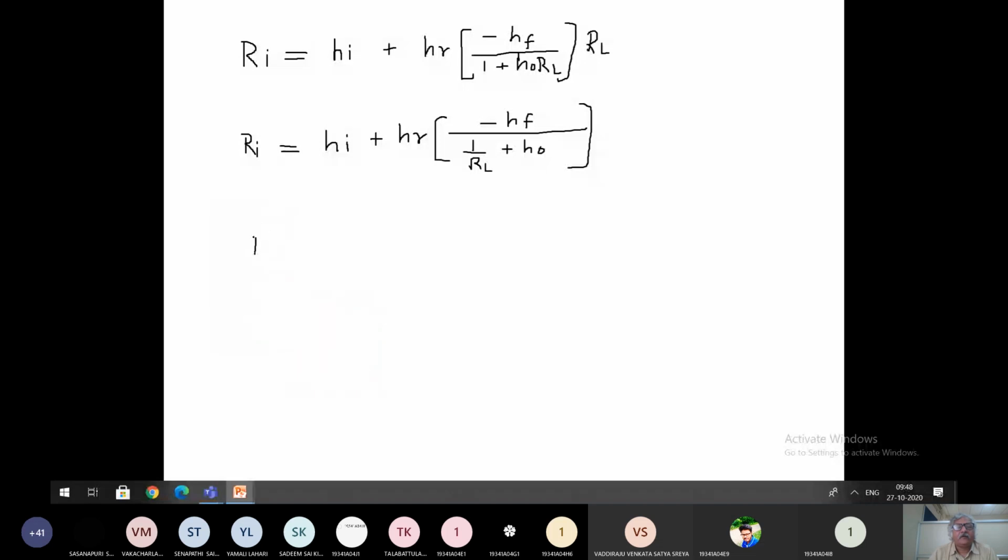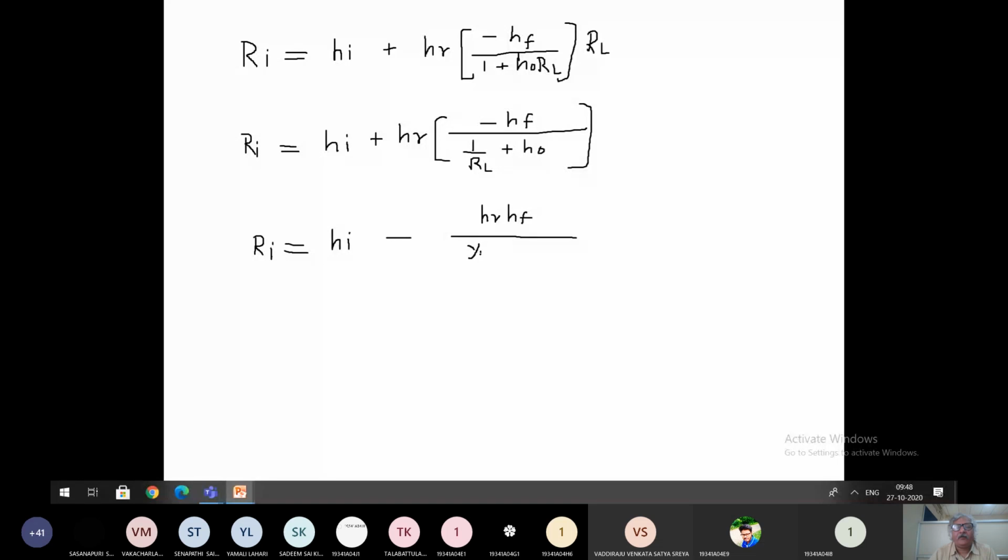Or you can write Ri is equal to Hi minus Hr Hf by 1 by RL.